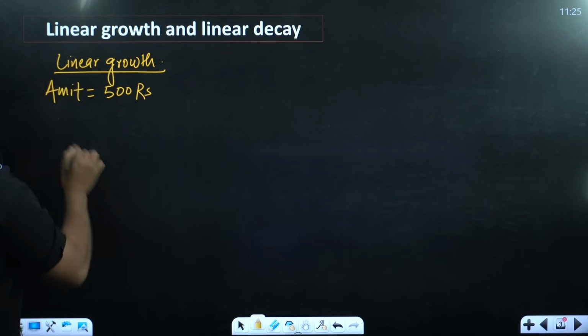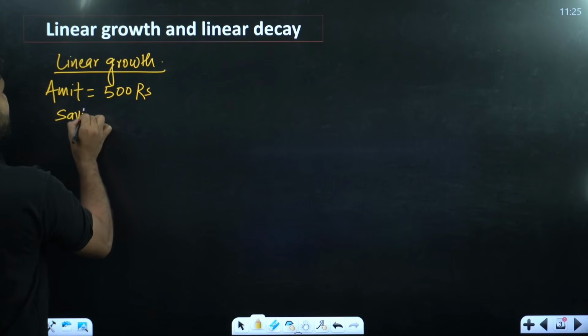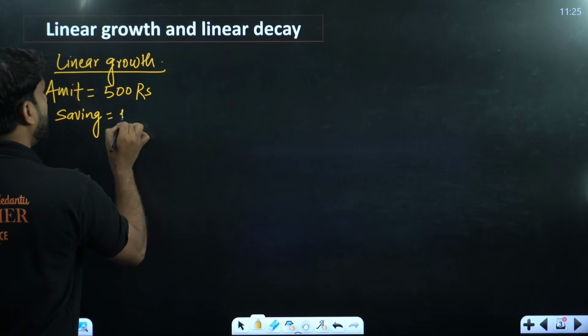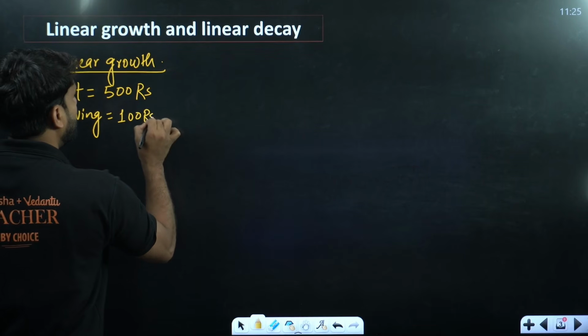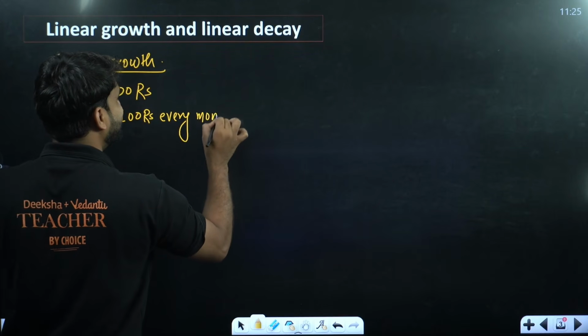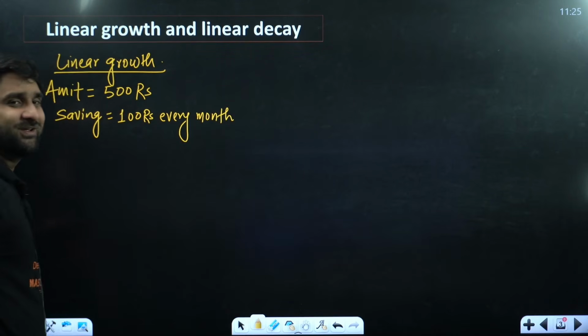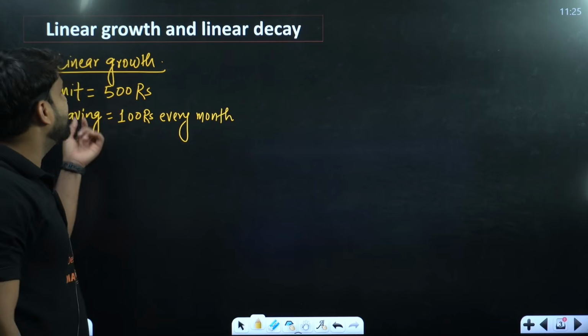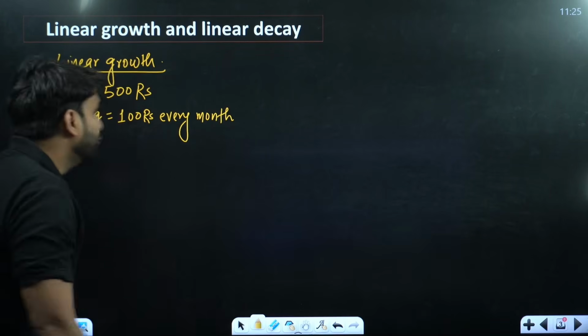Now he is saving 100 rupees every month. Here Amit is not so poor, so let's take month.